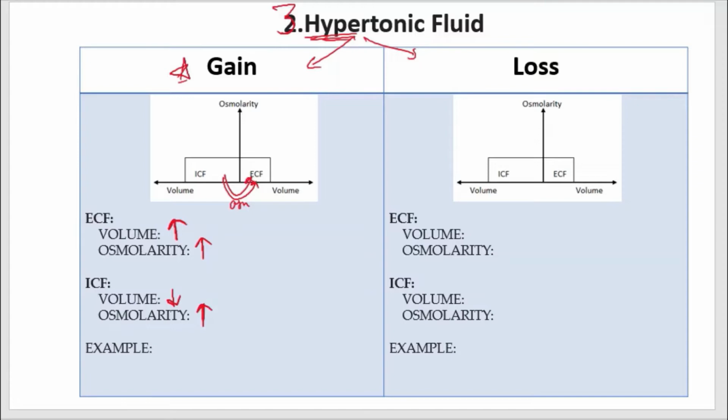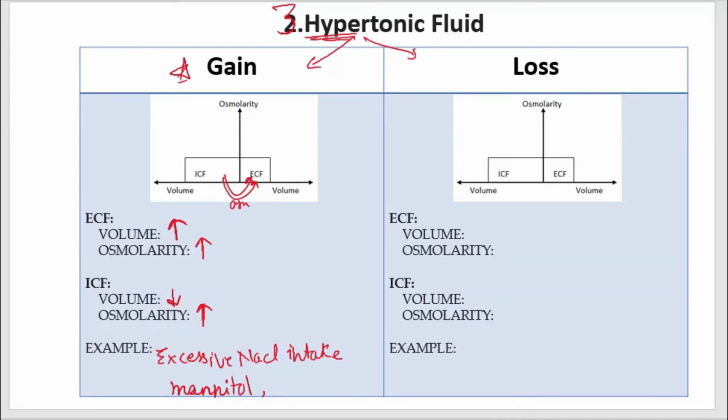And for gain, we can take an example of excessive NaCl intake, or mannitol. So here the diagram will be like that.